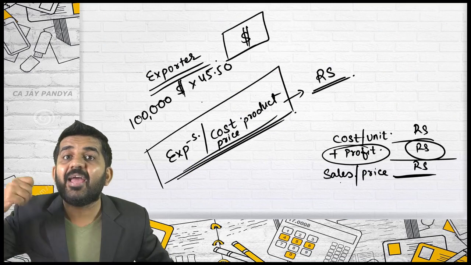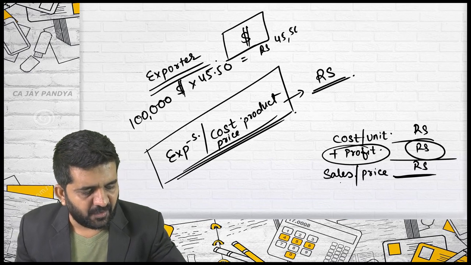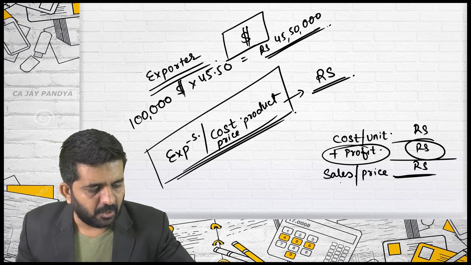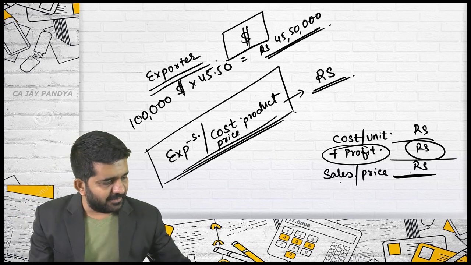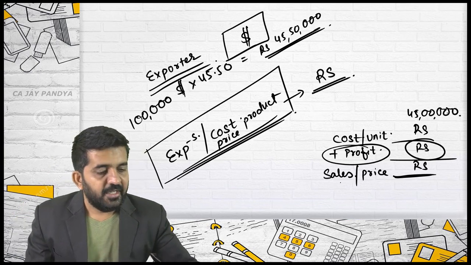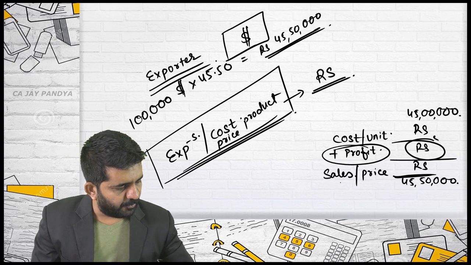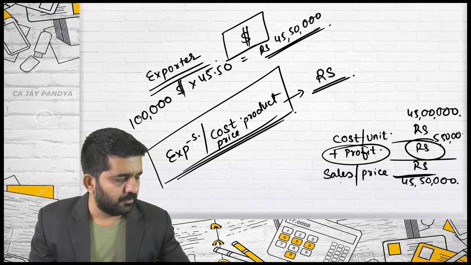So they have expected that they will be receiving 45,50,000 rupees. Say their cost might be 45 lakhs. They have expected that their sales will be 45,50,000 rupees, and so their profit will be 5,50,000 rupees.